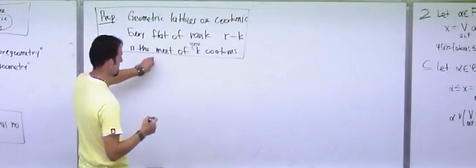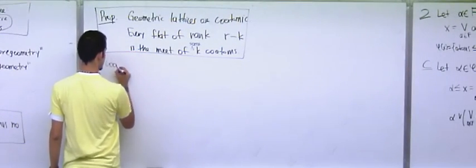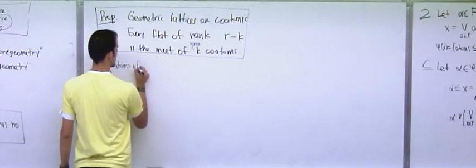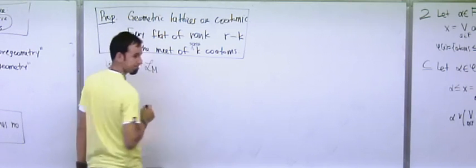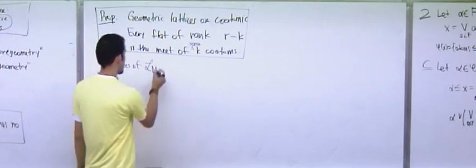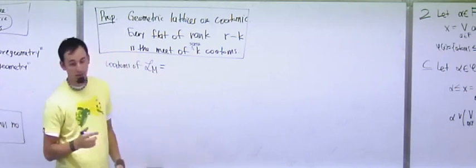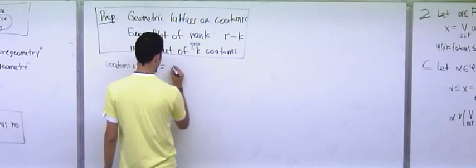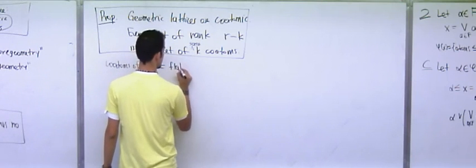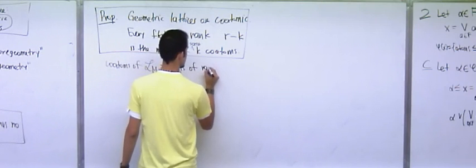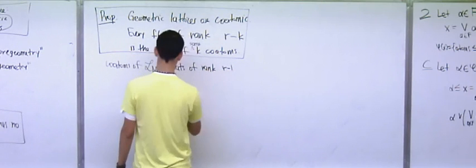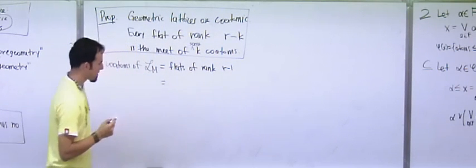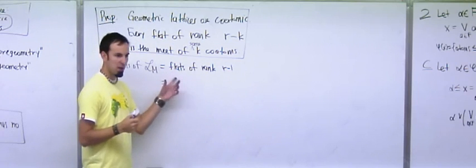So before you go to prove this, you want to think about what the coatoms are here. What is a coatom in the lattice of flats? Well, it's a flat of rank R minus 1, right? Now, if you think about this for a little bit, what does it mean to be a flat of rank R minus 1?